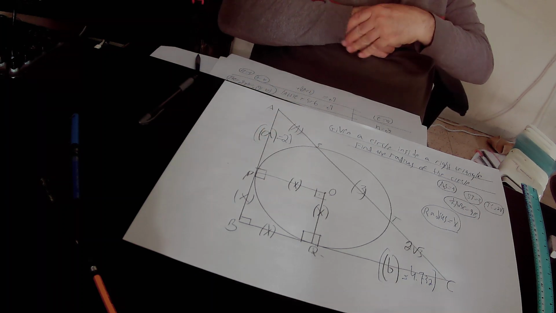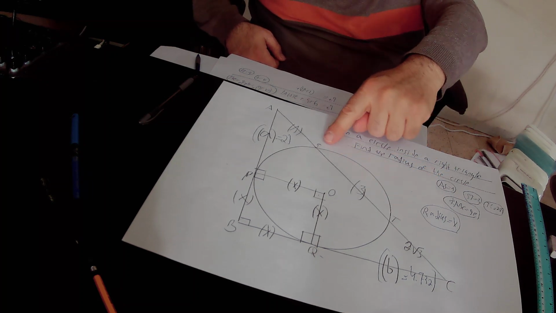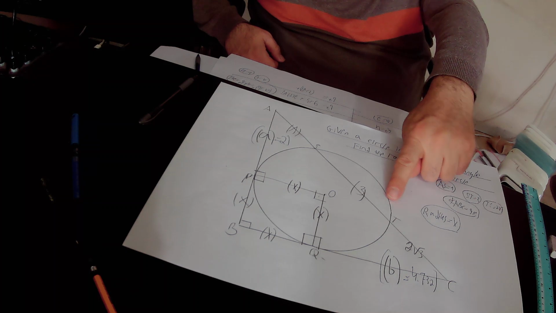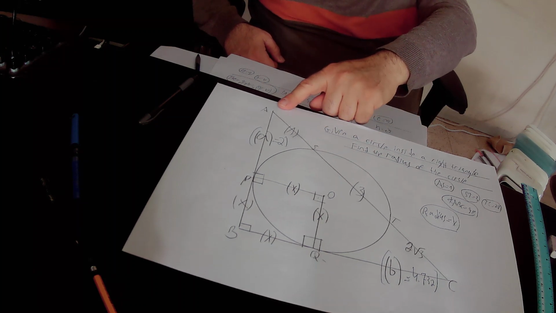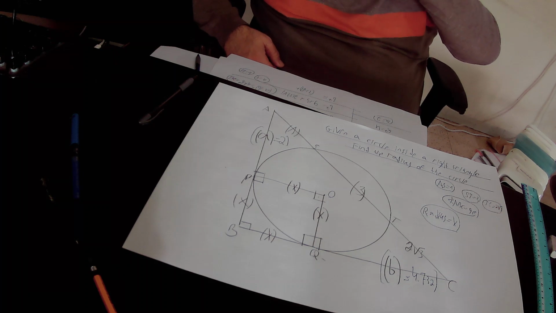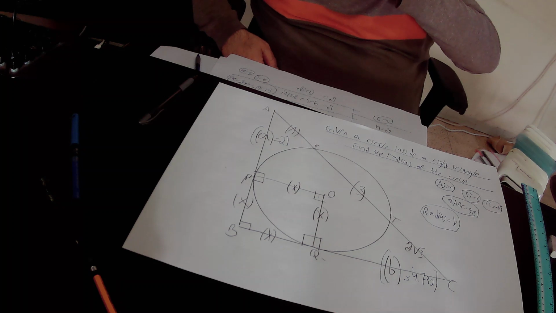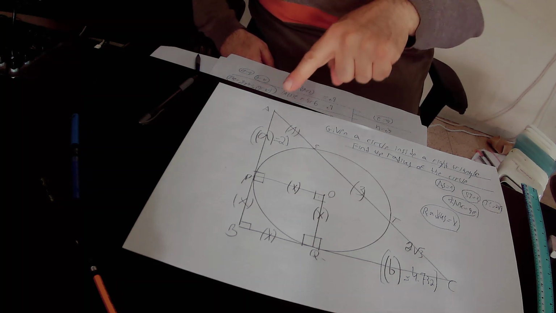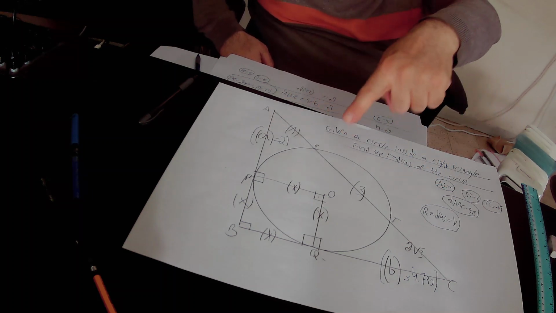In addition, we have here chord ST, which is extended until it touches point A. So all the conditions of rule 10 are satisfied, therefore we can implement rule 10 here. According to rule 10, we get that AP squared equals AS times AT.